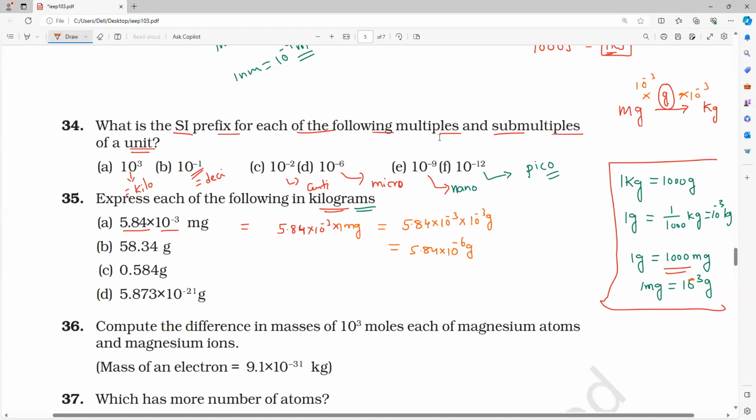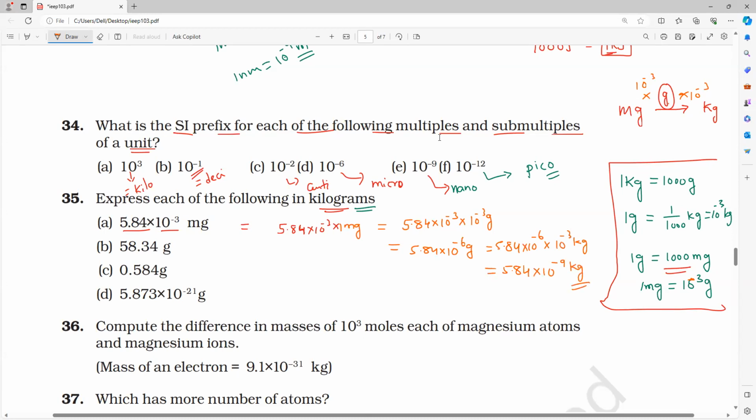Minus 6 grams. Next again, 5.84 into 10 power minus 6 into 1 gram equals how many kilograms? 10 power minus 3 kg. So what is the final answer? 5.84 into 10 power minus 9 kilograms.